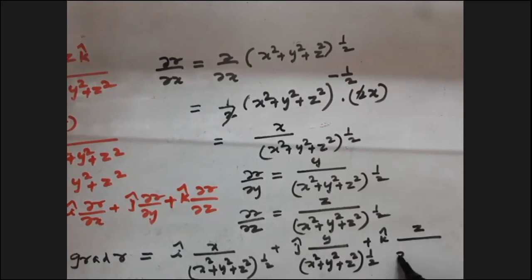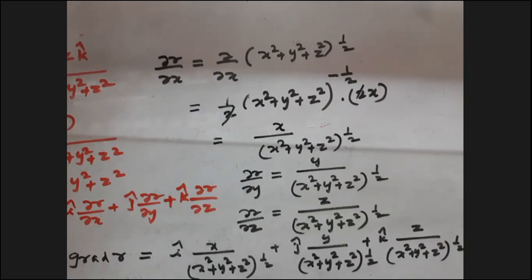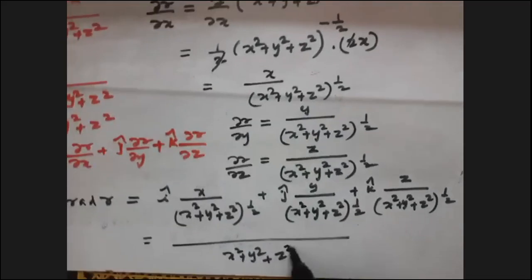How much we got? z by (x square plus y square plus z square) whole power of. So here the denominator is constant, that is (x square plus y square plus z square) whole power of.